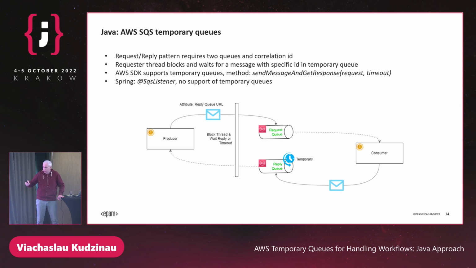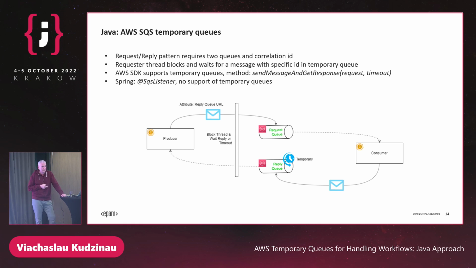It also uses virtual queues there, and it sets as an attribute of the message the queue URL where it expects the result back. Then you see here it blocks the thread. It waits. It posts the message to our normal request queue, the consumer consumes it, and uses this reply queue to post the message back, the temporary queue.